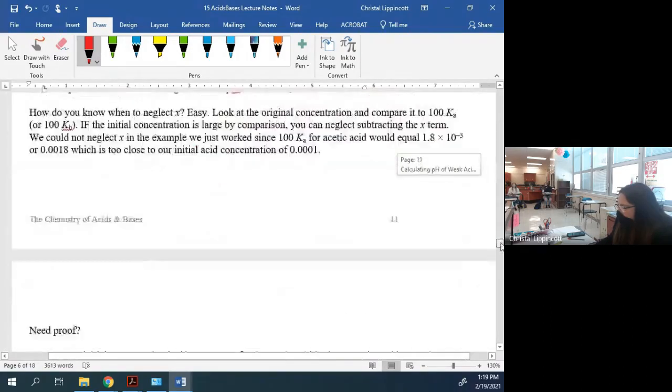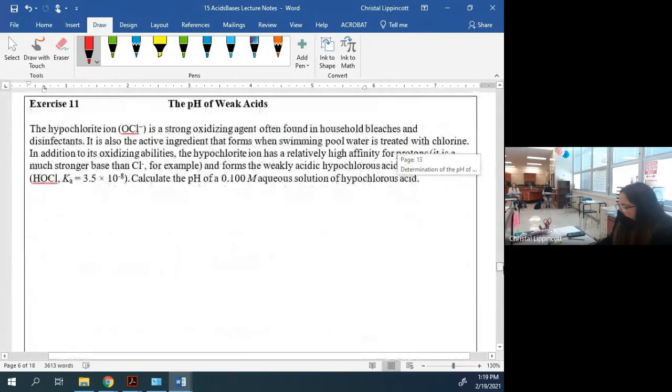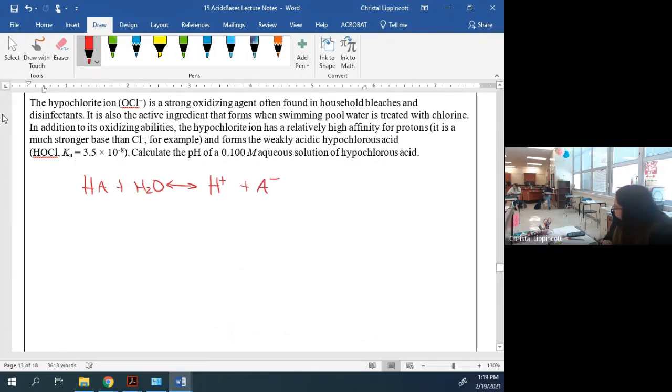I save myself a considerable amount of time by doing that. So my equation essentially is HA plus water yields, and this is equilibrium, and this is a weak acid, so it's going to go both directions. It's going to give me my hydrogen ion, and it's going to give me this.